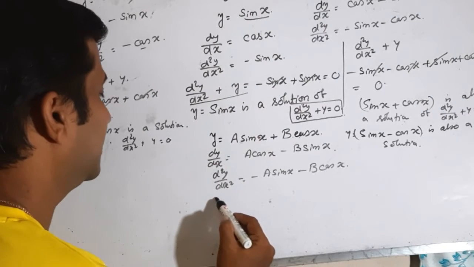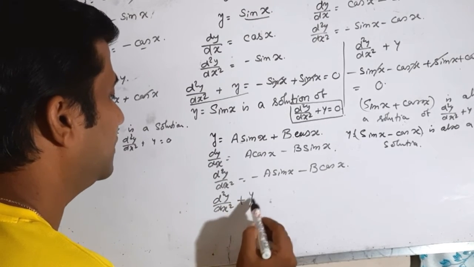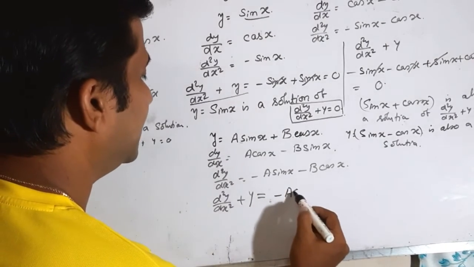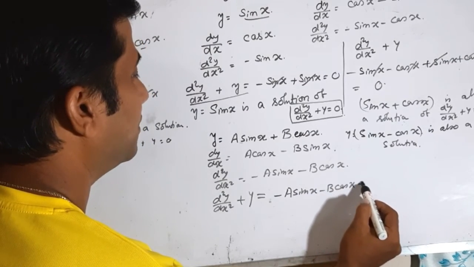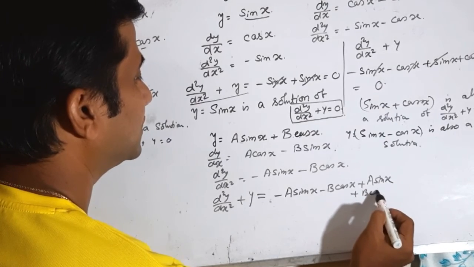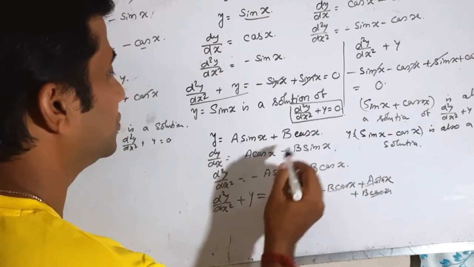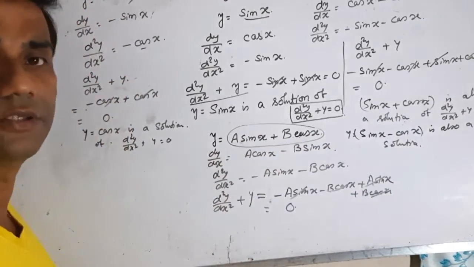Putting this in, we get d2y/dx2 plus y is equal to minus a sin x minus b cos x plus a sin x plus b cos x. This is equal to 0. So we conclude that a sin x plus b cos x is also a solution.